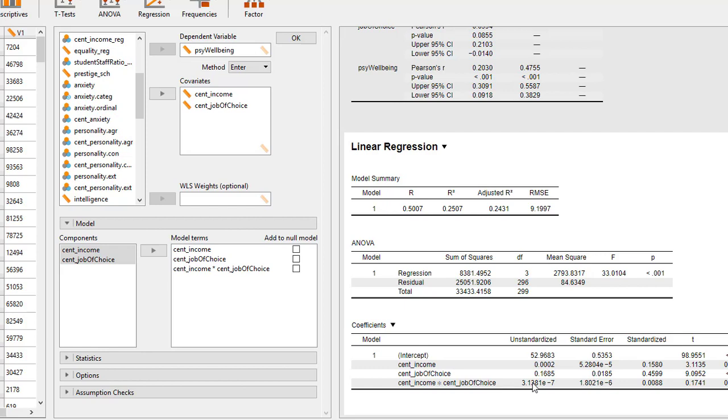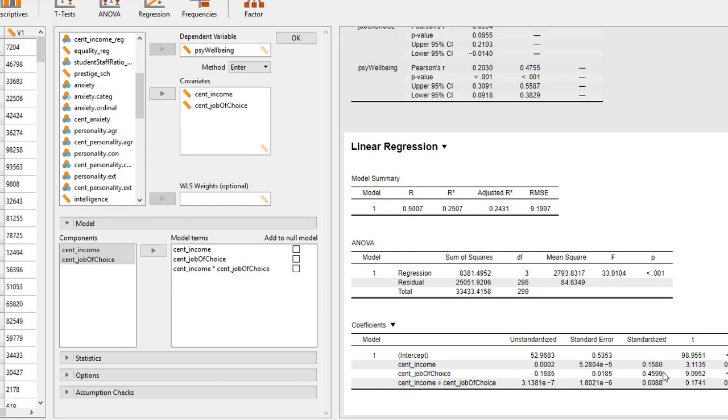So an increase in units of the dependent variable as a function of an increase of 1 unit of the independent variable. Now, the standardized uses z-scores, for both the independent variables and the dependent variable as well.